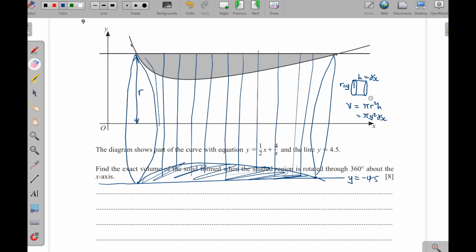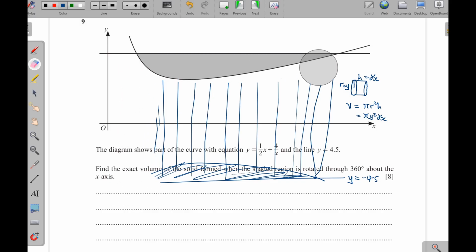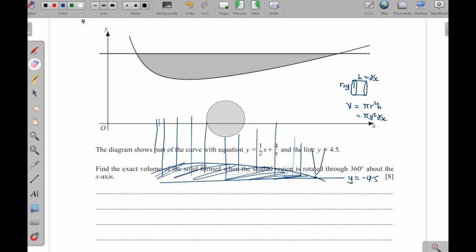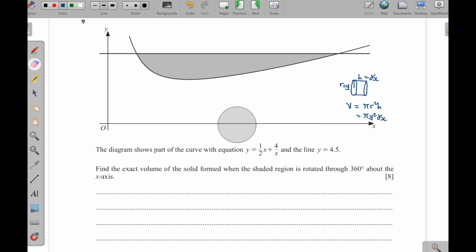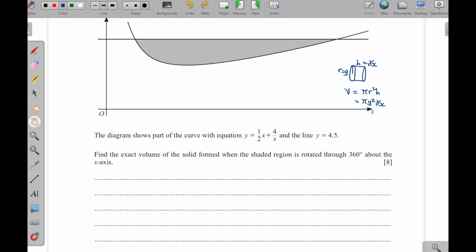Now, I'm going to rub off everything here, okay? Now, what are we going to have here? We are going to put all of these cylinders into one, okay? It becomes one. When we are rotating, you can see that this one is above this one.